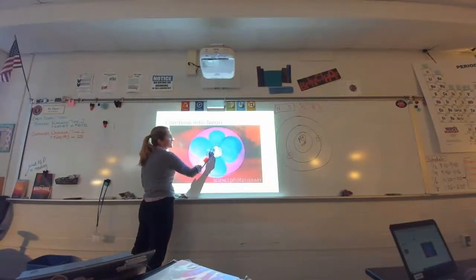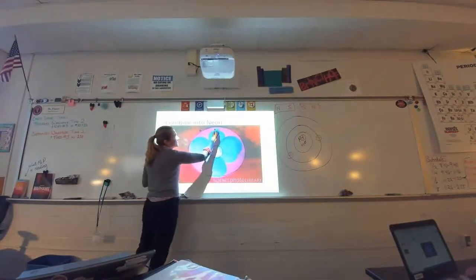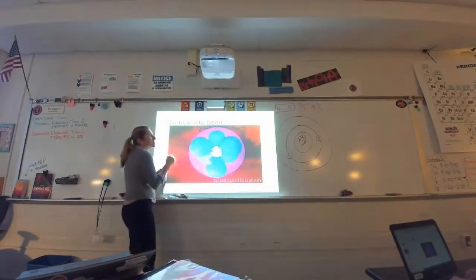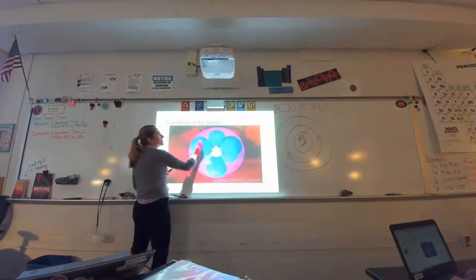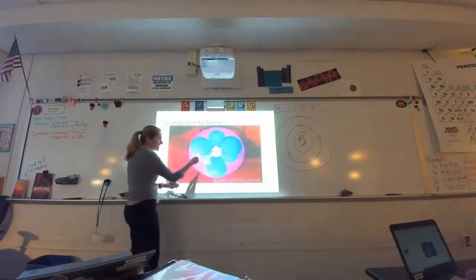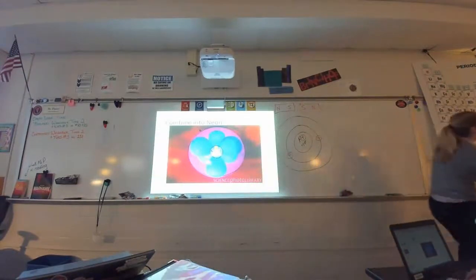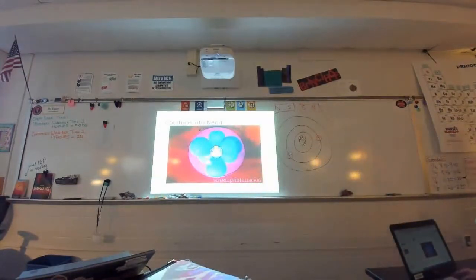So here's 2 electrons, here's 2 electrons, here's 2 that would be going across, here's 2 that would be going across, and here's 2 that would be going across. So we see that we have 2, 4, 6, 8, 10 electrons. We look at neon, and we see in its neutral state, 10 protons, 10 electrons.